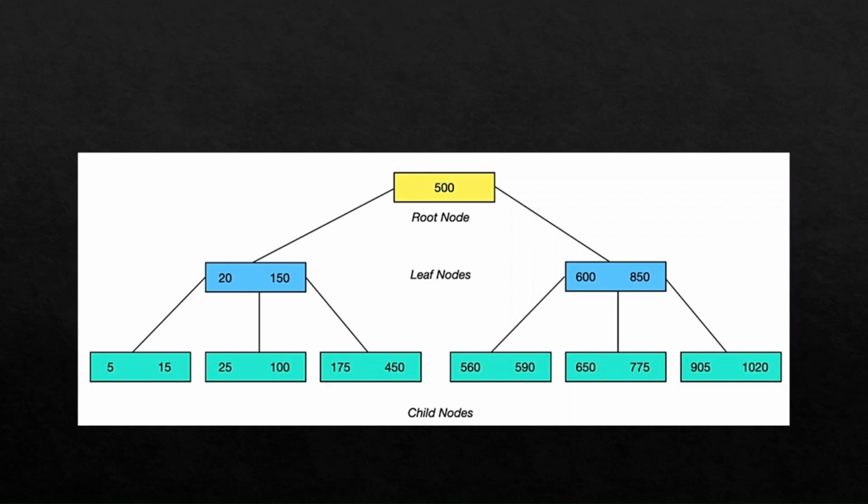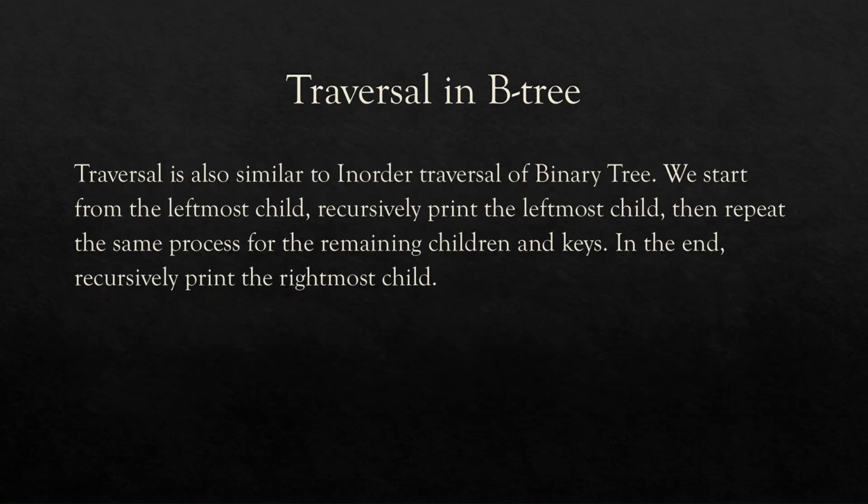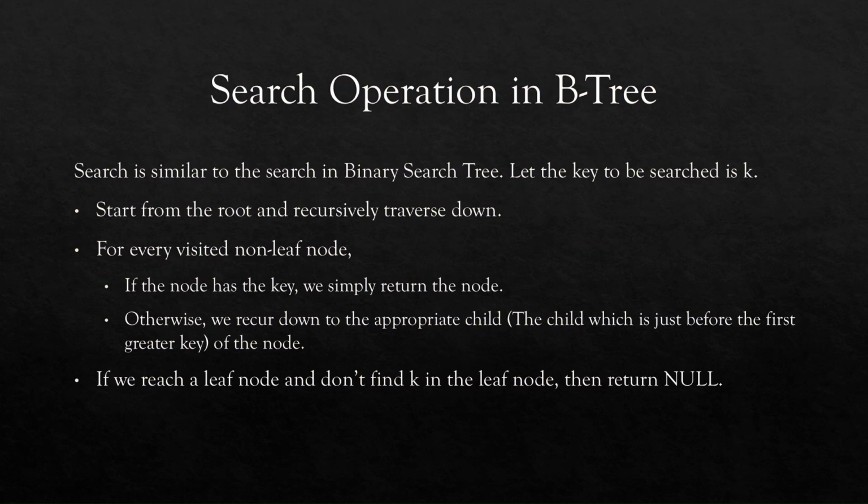If it is greater than, it will go to the right side of the root node. If it is less than the root node, it will go to the left side. So if you are searching 850, it will go right side and search whether it is 600 or 850. So we will be acquiring the element which we are searching. So this is how the search operation happens in B-tree.